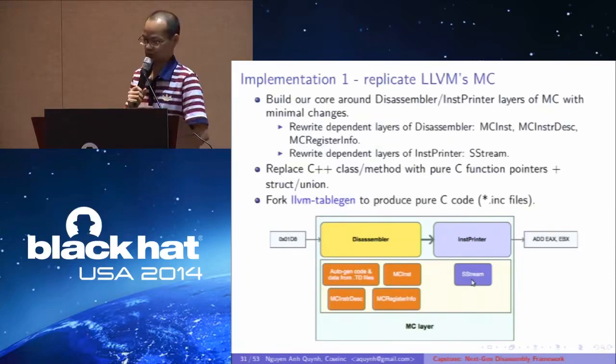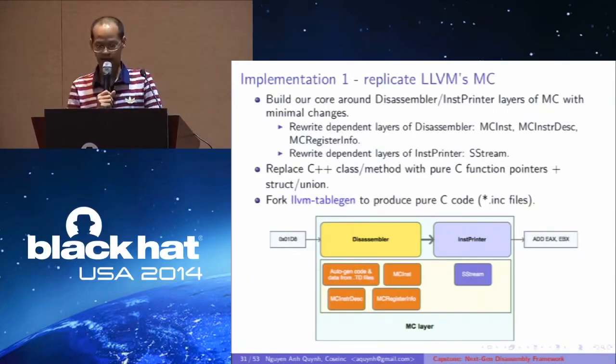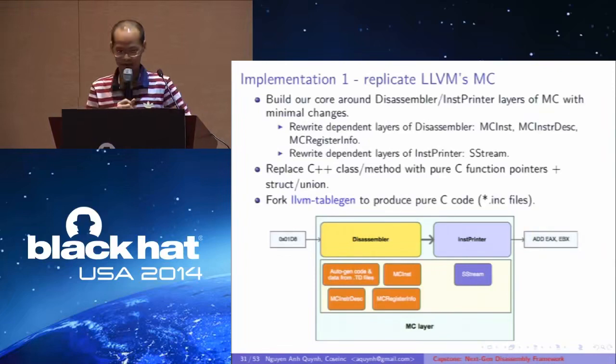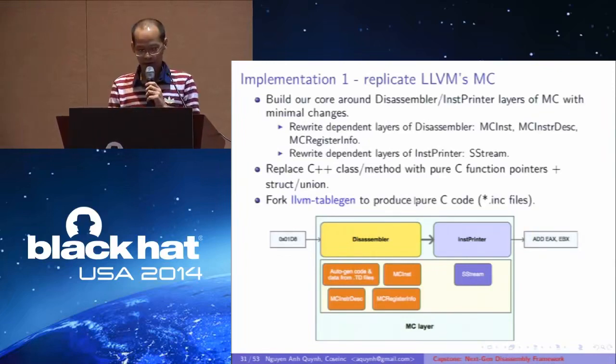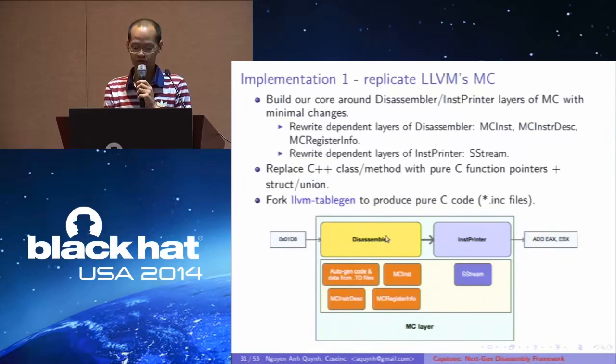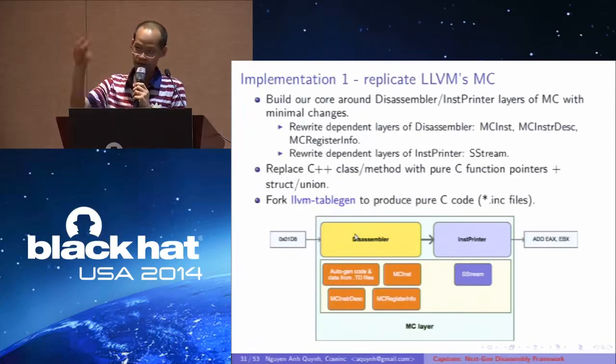So the question is what to do. The design of Capstone at this step is that I build the core around these two components, disassembler and printer, with very minimal change, because these two components are sometimes updated. For example, when some architecture adds new instructions or new features, they update these two components.